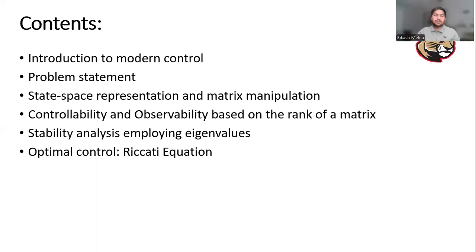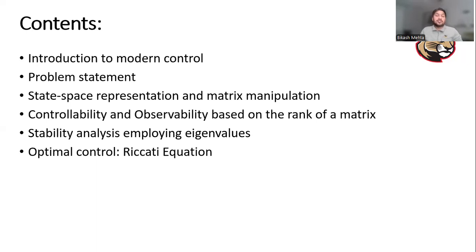So today, I will be talking more about the introduction to modern control. What and why do we require modern control? How can we represent any dynamical system in state space, and how can we manipulate all those matrices? How do we find the controllability and observability based on the rank of a matrix?